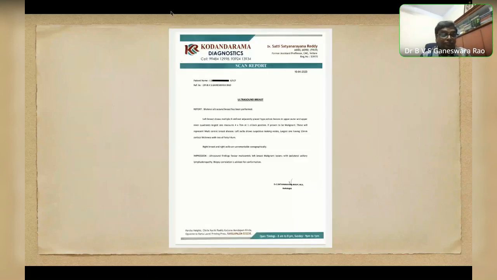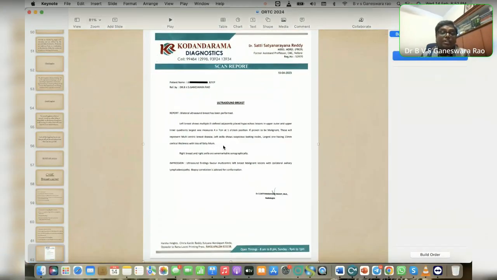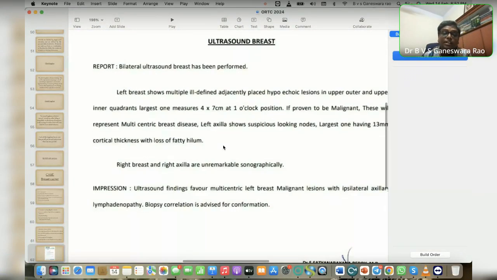So this was the ultrasound done, in favor of multicentric left breast malignant lesions. Ultrasound findings favor multicentric left breast malignant lesions and axillary lymphadenopathy, and there has been a biopsy also.